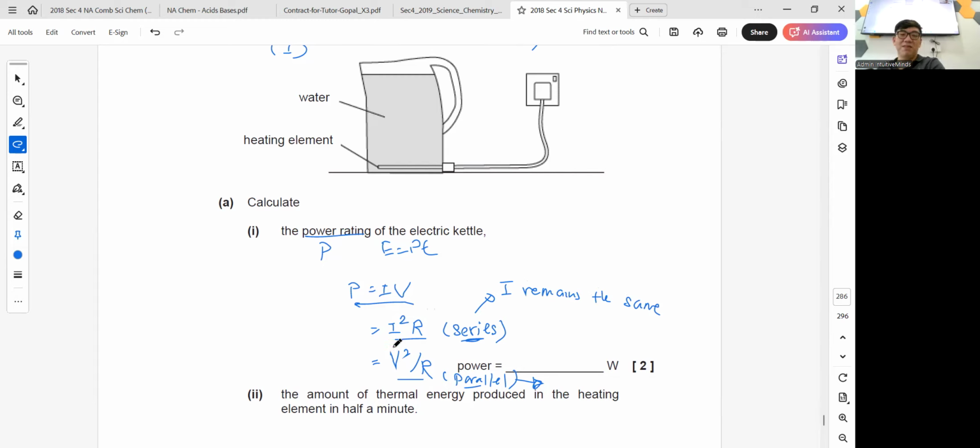Here I remains the same, and here V remains the same, so you can compare in terms of your R. So you may be using both for different parts of the circuit.